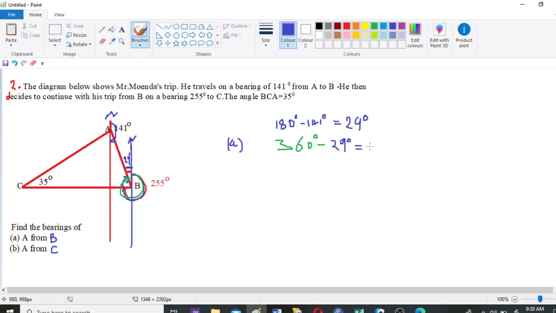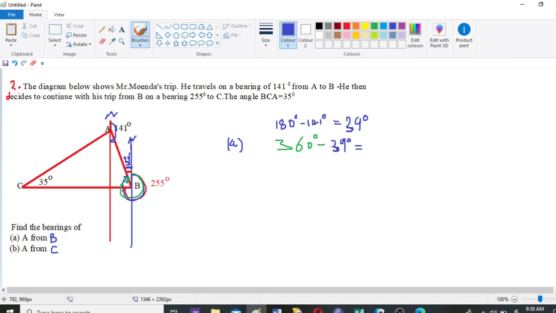You can just confirm that if you subtract 180 minus 141, if it's giving you 29, I guess it's not 29 but 39. Yes. So this one is 39 and not 29. Sorry about that.